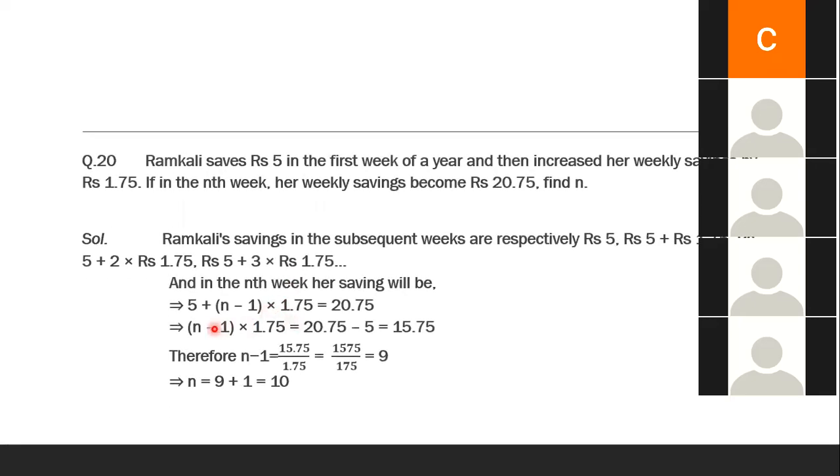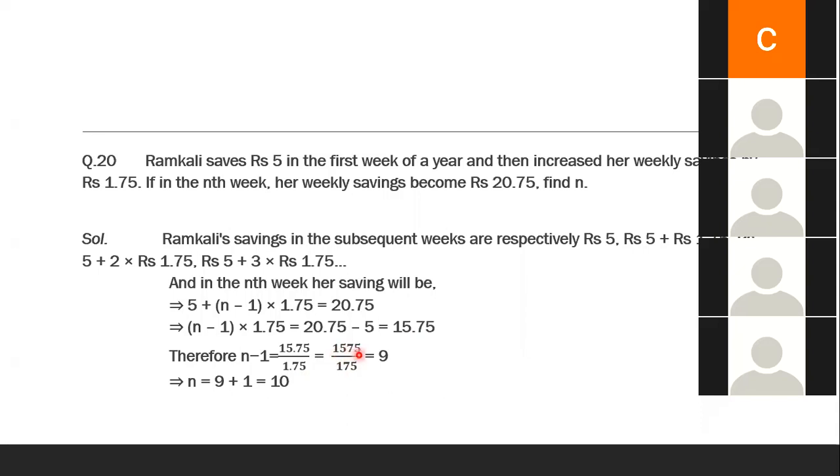So here, this 5 shifts towards the right side. 20.75 minus 5 is 15.75. So N minus 1 is equal to 15.75 divided by 1.75. You observe, children, the numerator has 2 digits after the point, and the denominator also has 2 digits after the point. If you multiply both numerator and denominator by 100, the decimal point will be removed.